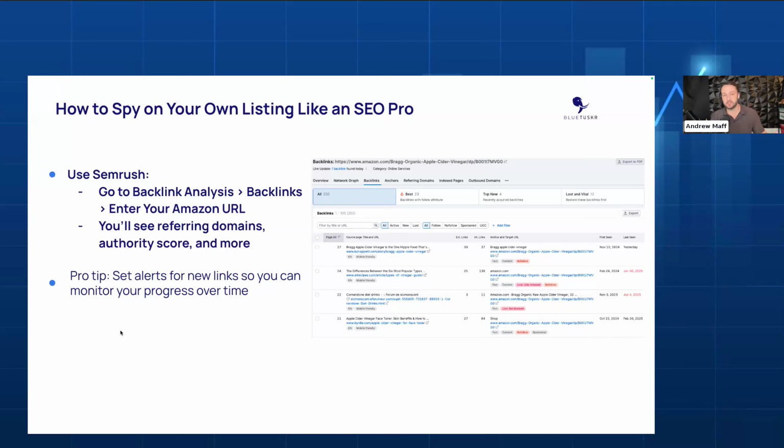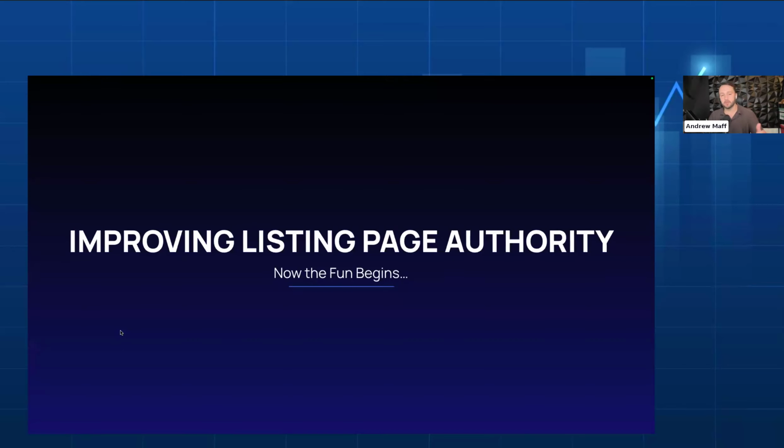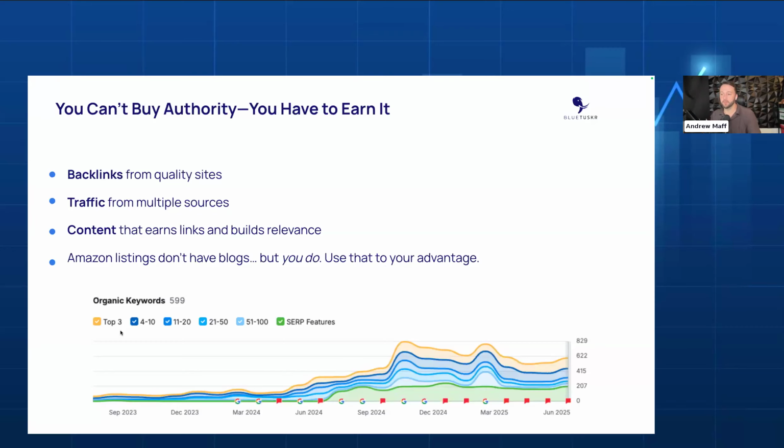And you can set alerts to get notified when people are linking to you and there's some new backlink. That's where we look at how that helps improve it. So, very standard SEO practices. The more backlinks you can get to a website of any kind or a specific page, the better that page starts to rank.